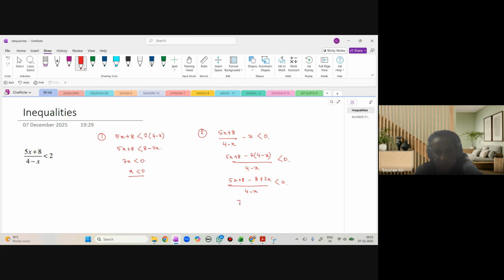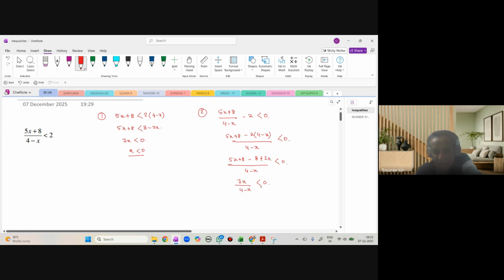Or 7x/(4 - x) is less than 0. Now here I have the ratio of two numbers is negative. That means one has to be positive, one has to be negative. So there are two possibilities. Either x is greater than 0 and 4 - x is less than 0, or x is less than 0 and 4 - x is greater than 0.